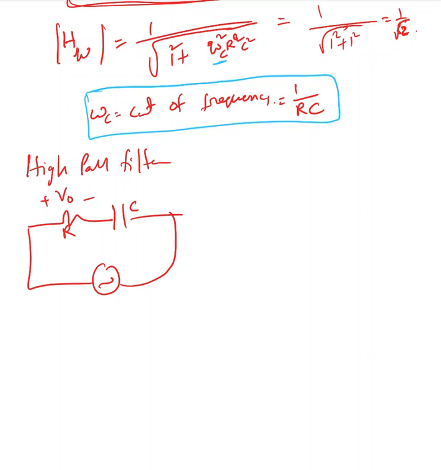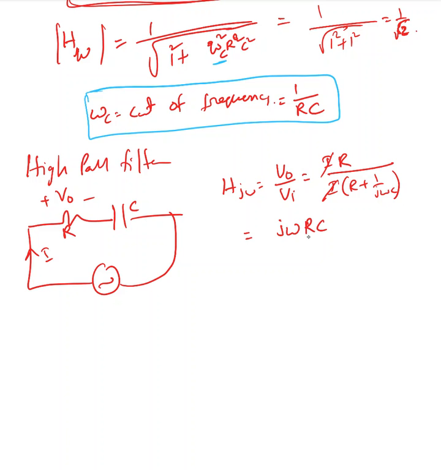So our transfer function H(j omega) equals V naught over V input, which is I times R, assuming current I is passing through this, divided by I times R plus 1 over j omega C. So I gets cancelled out, and I end up with H(j omega) equal to j omega RC divided by 1 plus j omega RC. That's H(j omega).